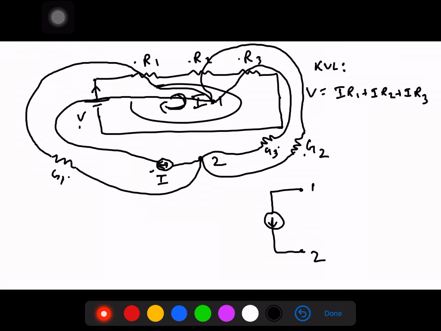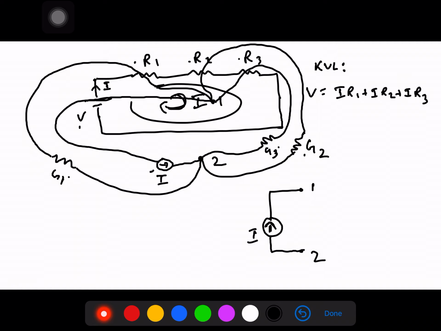So it will be something like this, since your initial current direction is this. So the current source also has to be like this. So we have covered the V element, and this will be converted into a current source.